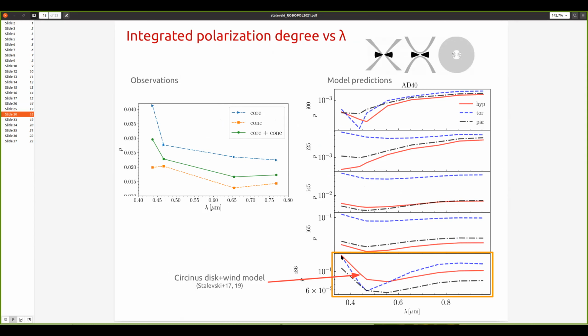And here at the bottom, so in the red line, we have our favored model of disk plus wind. The black line is similar but shaped like a paraboloid, and the blue one corresponds to the torus model. And here on the left, we have the total polarization degree from observations in the green line, and you can see that the shape corresponds well to our model, while the torus one has a much bigger dip here.